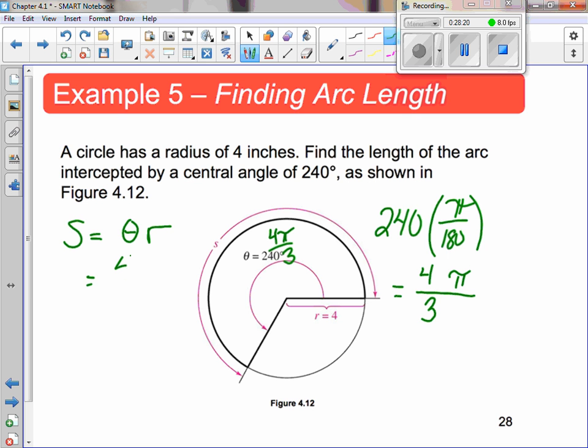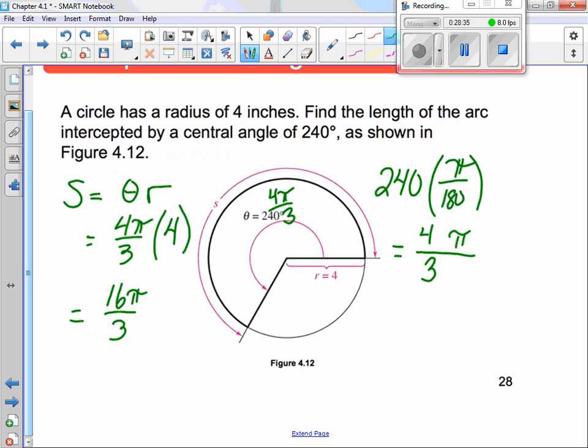Our theta value is 4 pi over 3, and our radius is 4, so if we multiply that, we'd get 16 pi over 3, or approximately 16.755.